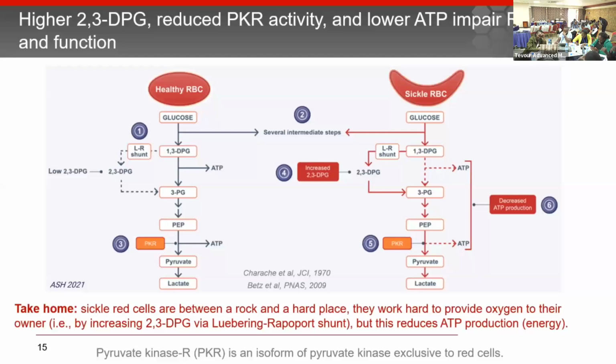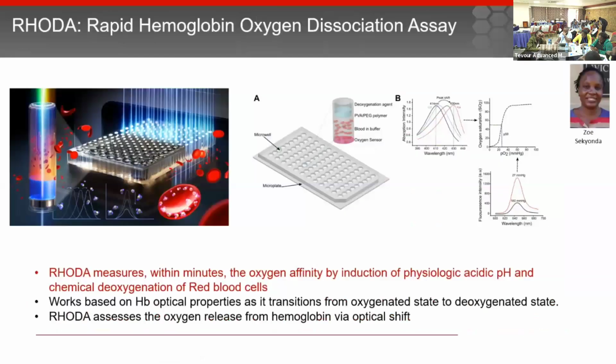In my PhD, there's a saying that if you can't measure it, then you cannot determine if it's actually working or if it is diseased or not. So as part of my PhD, we've developed a new assay that is able to measure oxygen affinity. The current methods for measuring oxygen affinity are not readily available.